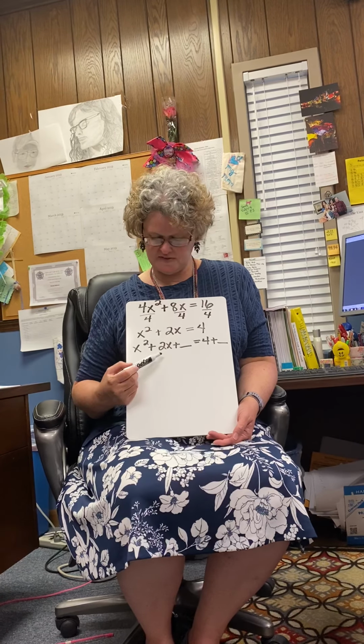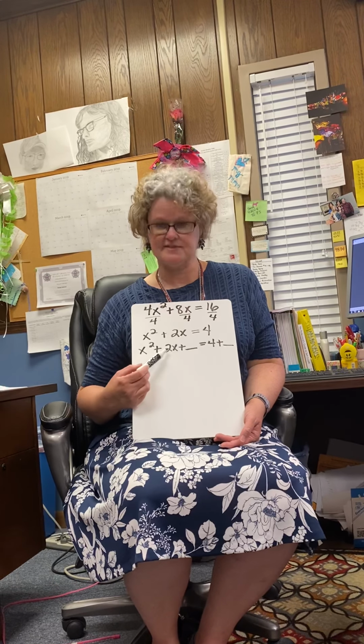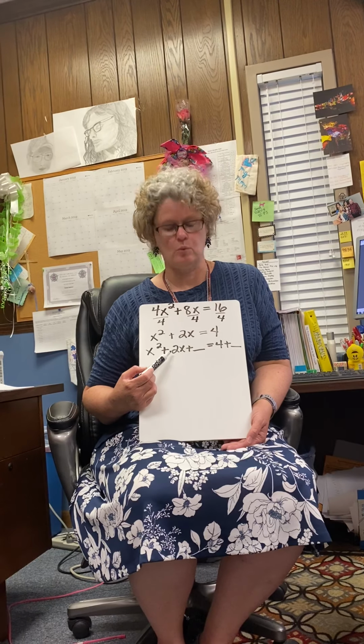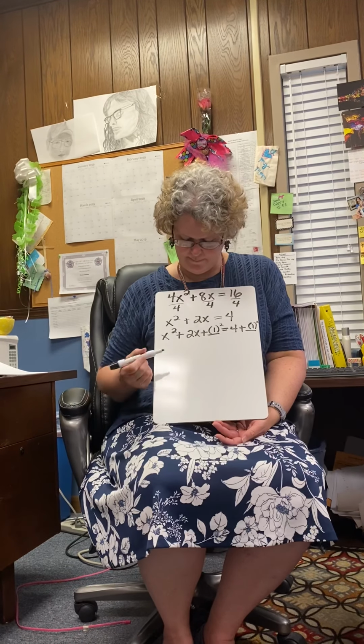Well, I'm going to look at this middle term, the coefficient on the x. It's positive 2. So what's half of 2? Well, 1. So I'm going to put 1 squared on both sides. Of course, I know 1 squared is just 1, but so that we can have the same method every time, I'll go ahead and put it in parentheses anyway.